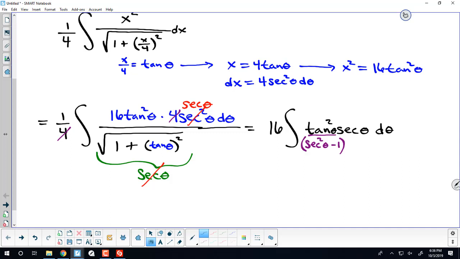If that's the case, how did that secant cancel out? It's the square root of secant squared, right? So 1 plus tangent squared turns into a secant squared. Yeah, so we took the square root of everything. You'd already canceled that out.